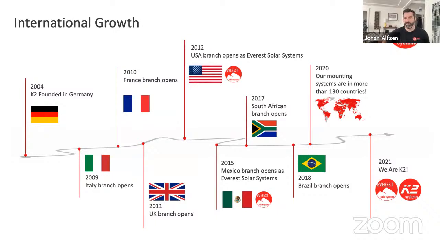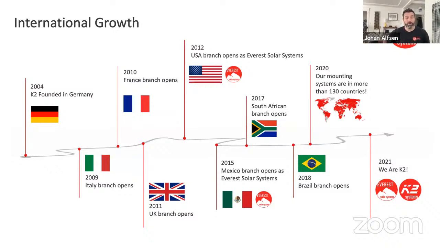There are a lot of acquisitions going on in the industry, but we are not a part of that. We've always been K2, so now there's less confusion with the international company. But we do operate as our own entity in the US and Mexico, and we have a lot of crossover, which is fantastic.